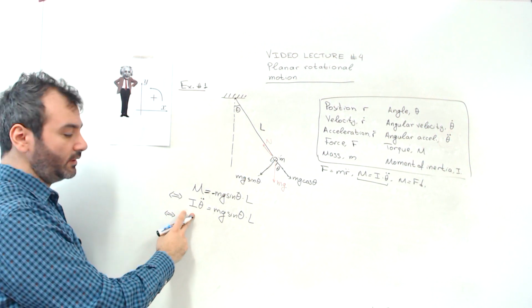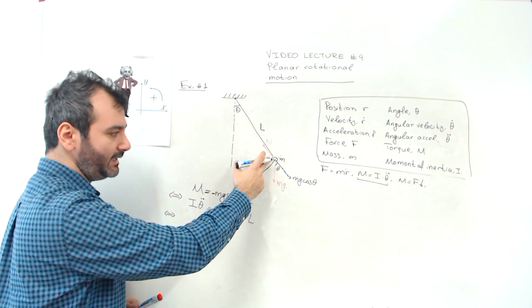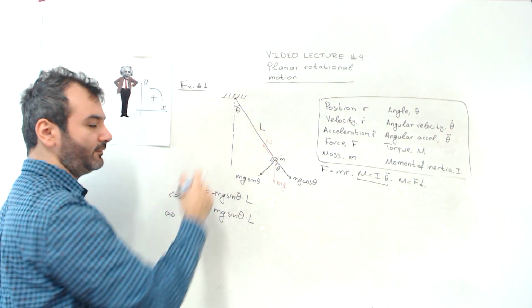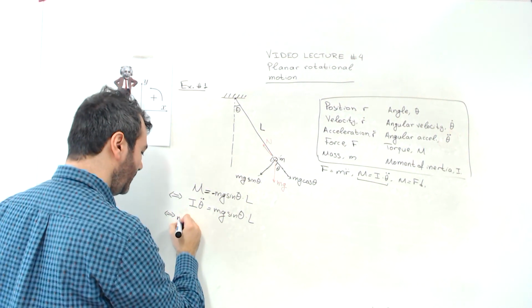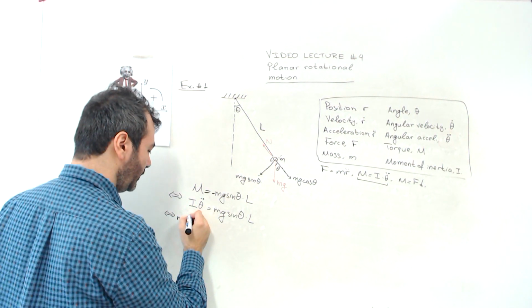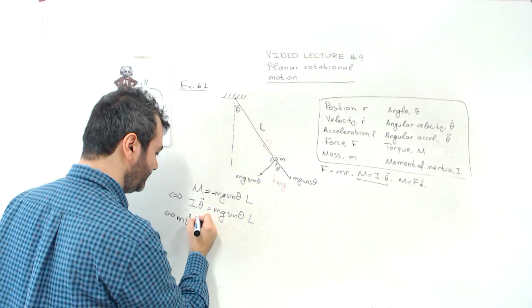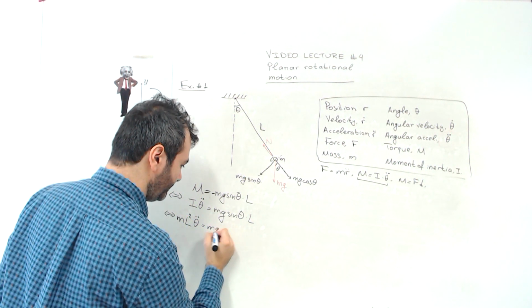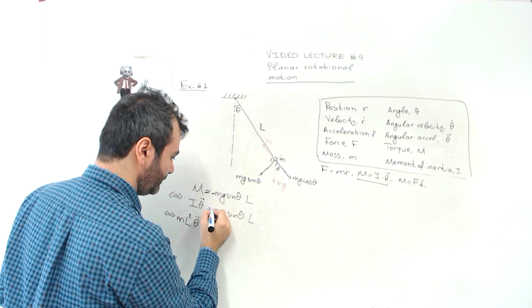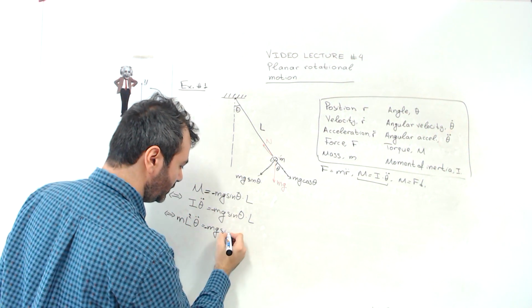And if you recall, the moment of inertia of a single mass at a length L from a point of rotation is m times the distance squared. I forgot the minus.